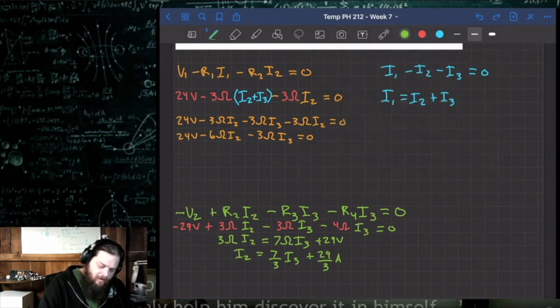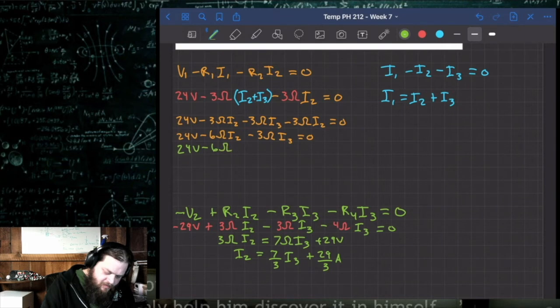So rewriting this, let's move I3 over to the other side also. 24 volts minus 6 ohms.